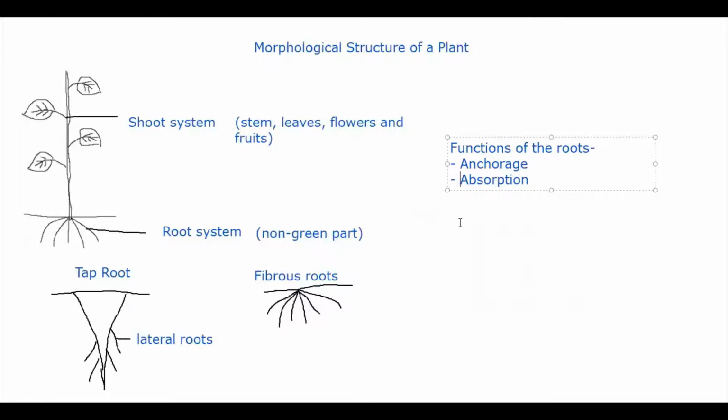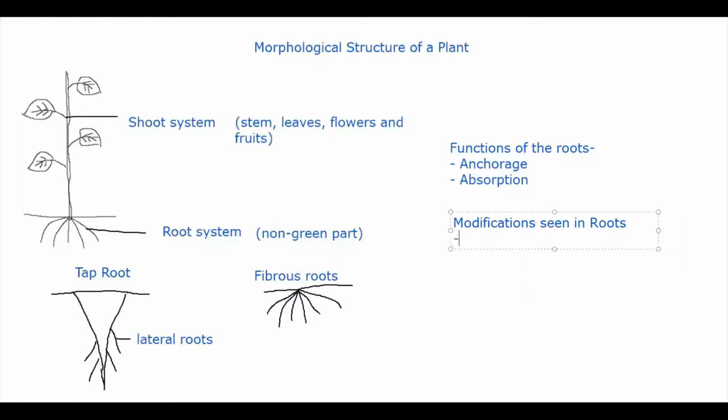Now let's talk about the modifications seen in roots. Other than the functions we just saw, like anchorage and absorption, there are some more modifications that are seen in roots.